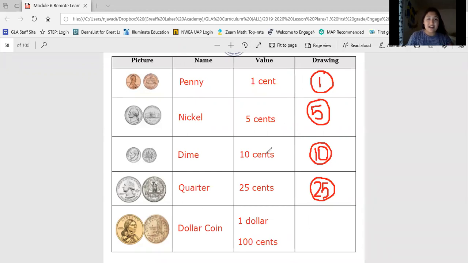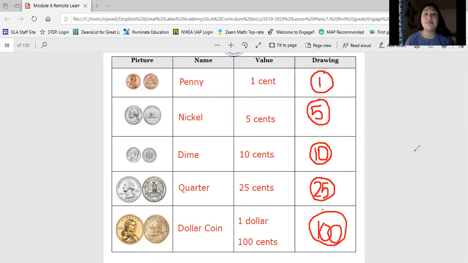And you draw a dollar coin by drawing a circle and a 100 inside. So if there's something at the store that costs $1, if you have a dollar coin, you can give the cashier the $1 coin because that is worth $1.